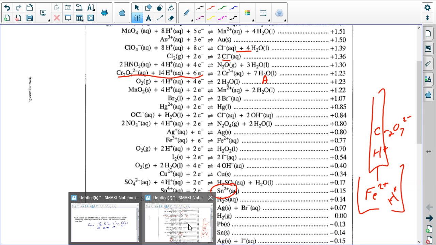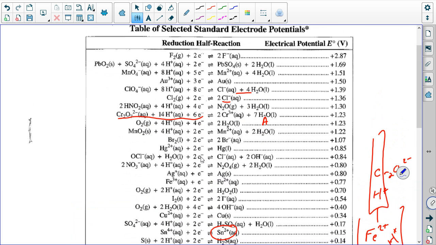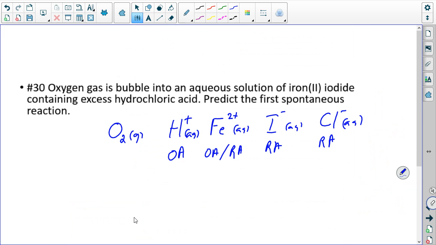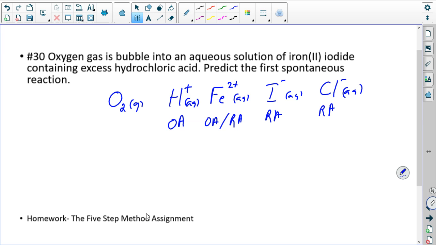Now let's look for oxygen on our table. First time it shows up, O2 gas with hydrogen. We have O2 gas down here with hydrogen also. And I do believe, although I never use it, there's O2 gas with water, all on the oxidizing agent side. So I forgot to put water on here.